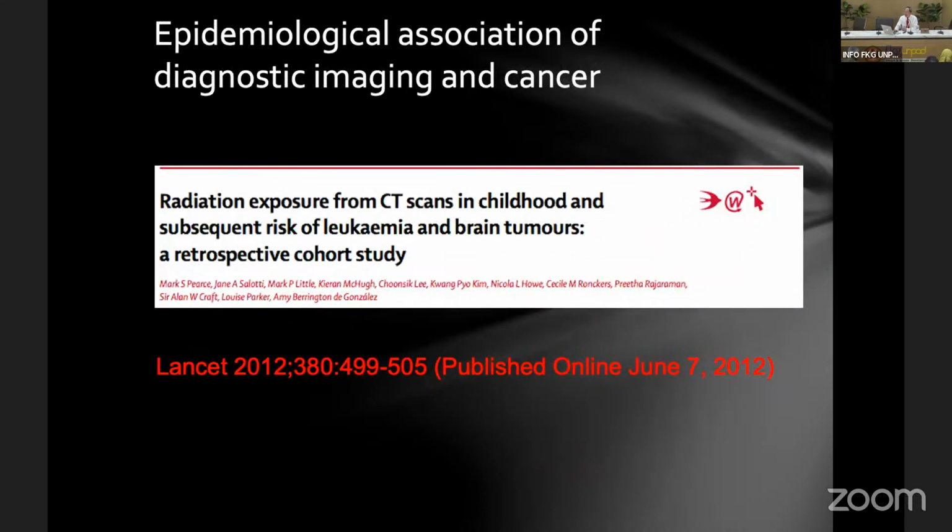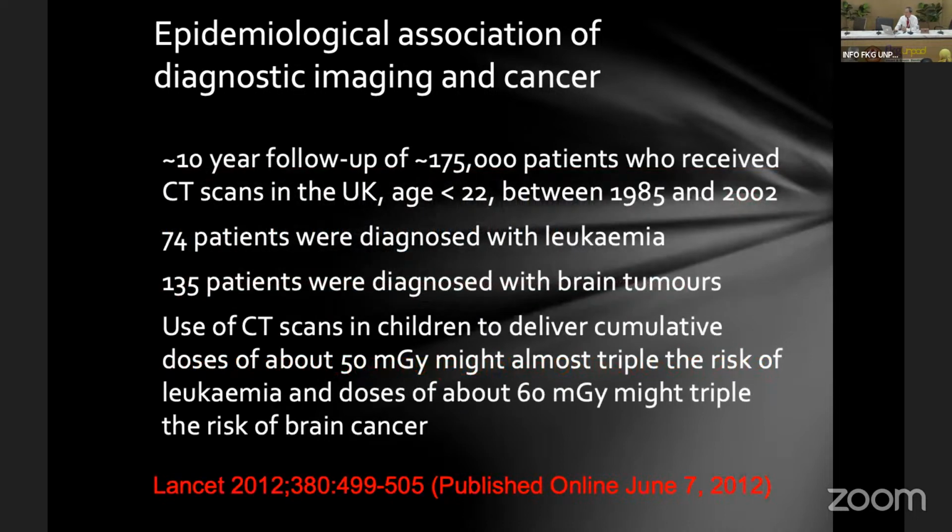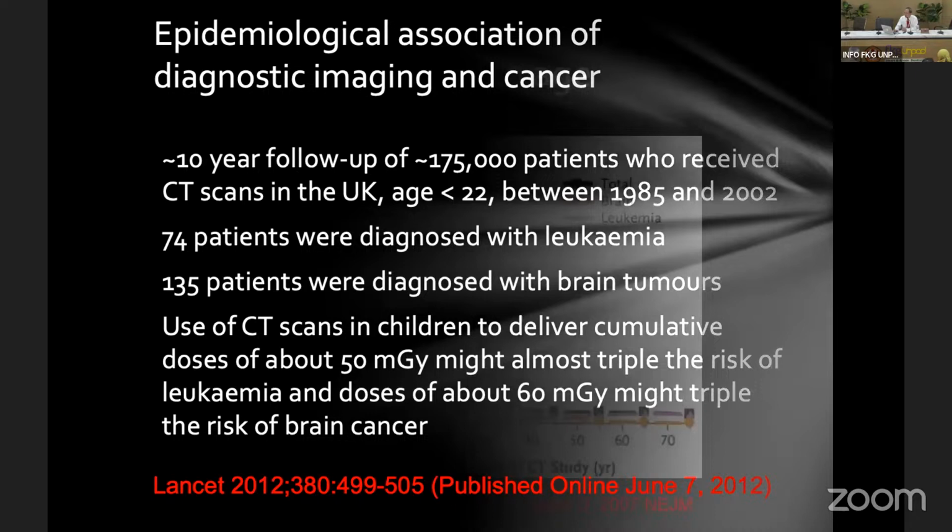This is one study published in The Lancet. It's actually a good study, and it shows radiation exposure from CT scans in childhood and the subsequent risk of leukemia and brain tumor. They found that if children younger than 22 years of age received medical CT, they had a higher chance of getting leukemia and brain tumor.